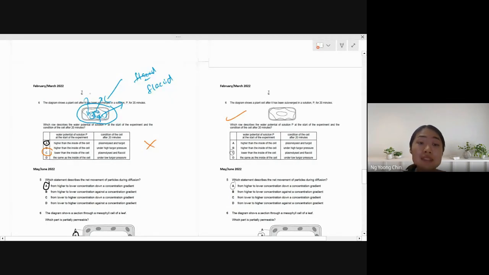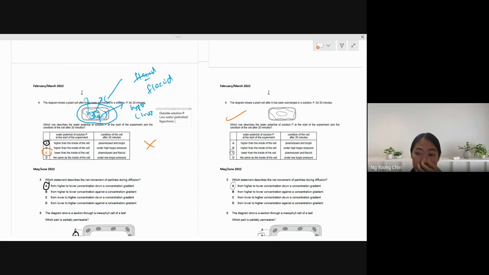So that means the outside solution P is hypertonic, with a very low water potential.